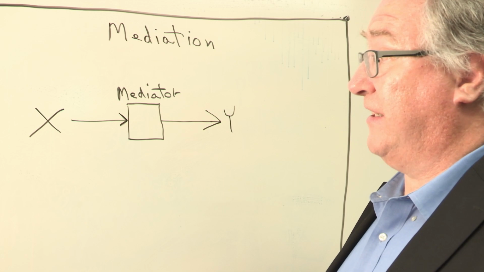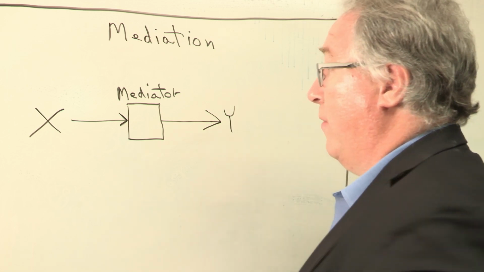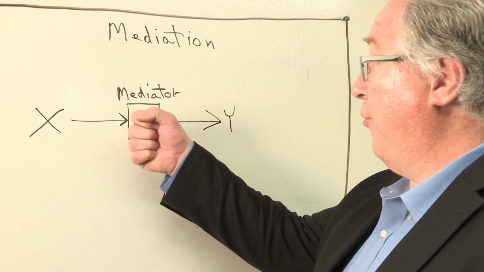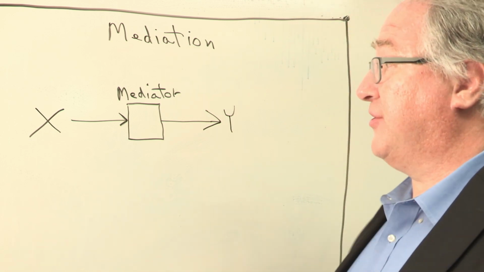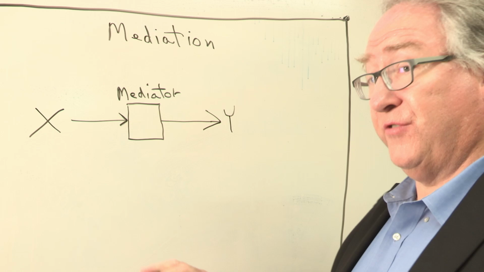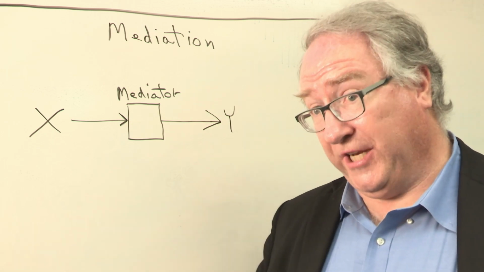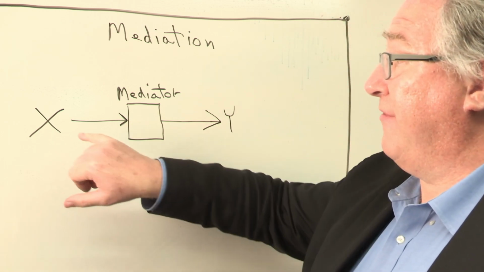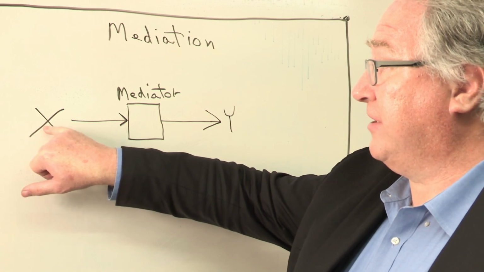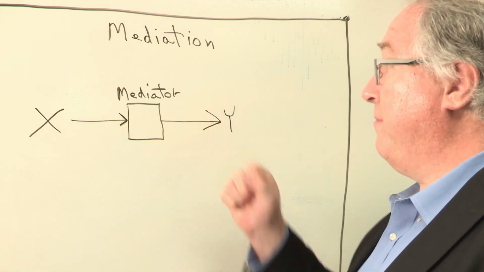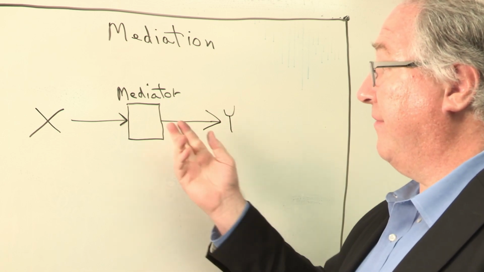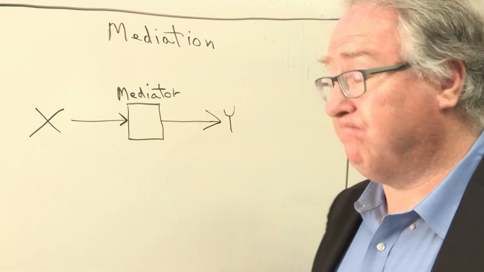so that instead of a direct effect of X on Y, we have an indirect effect through the mediator variable. Here is what we're testing now: whether we have an indirect effect of X on Y through the mediator variable, whatever it may be.